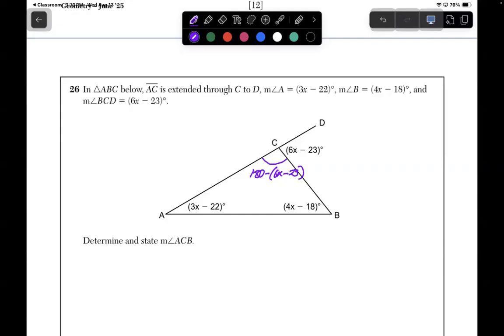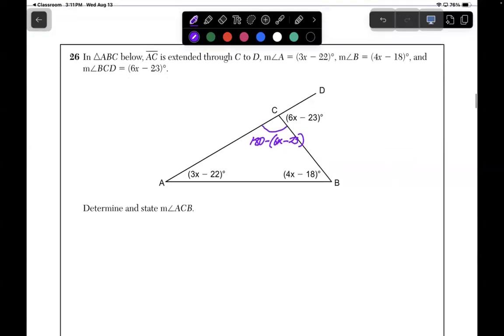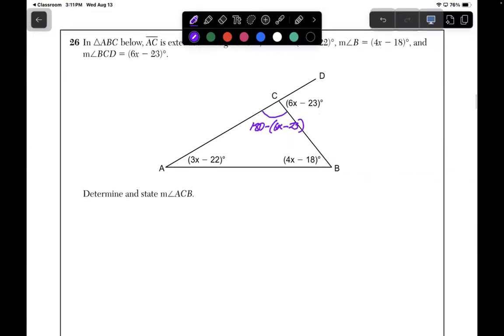And then you could have added all three angles together and said they were equal to 180, right? So let's go ahead and do that. So it's going to be 180 minus, in parentheses, 6x minus 23.